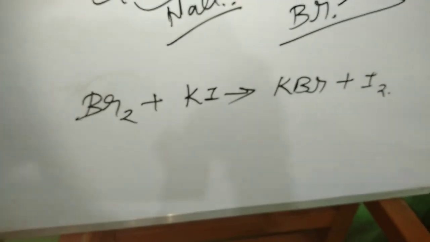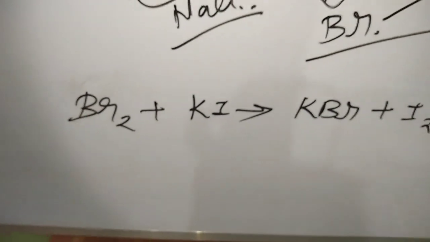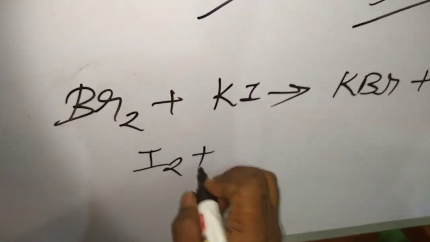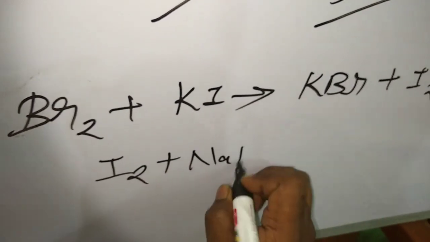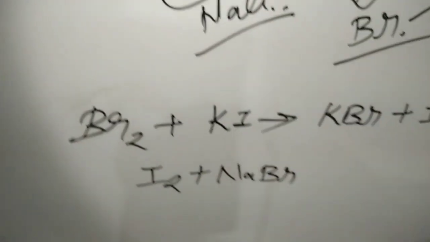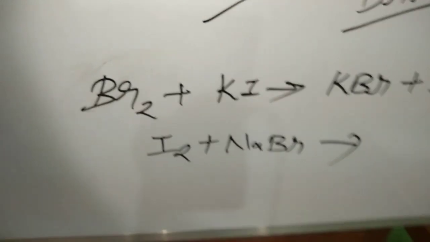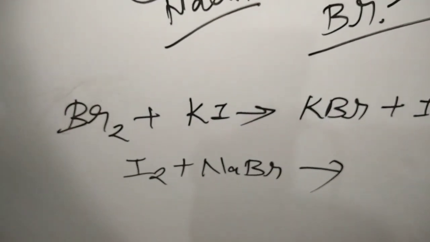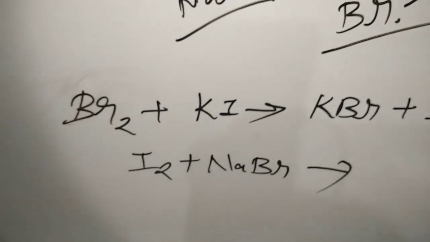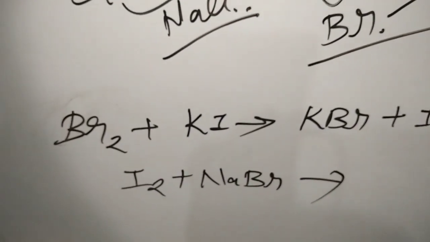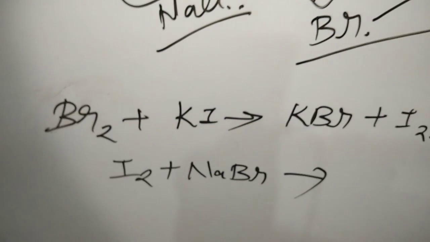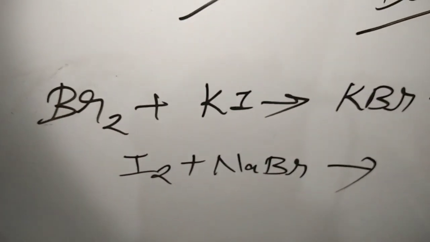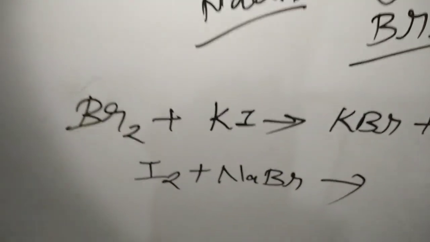Okay students, but what will happen when iodine reacts with NaBr or NaCl? No reaction will take place because in the reactivity series of halogens, iodine is less reactive than any other halogen. So iodine can't displace the bromine or chlorine. Okay students, understand the anion replacement?